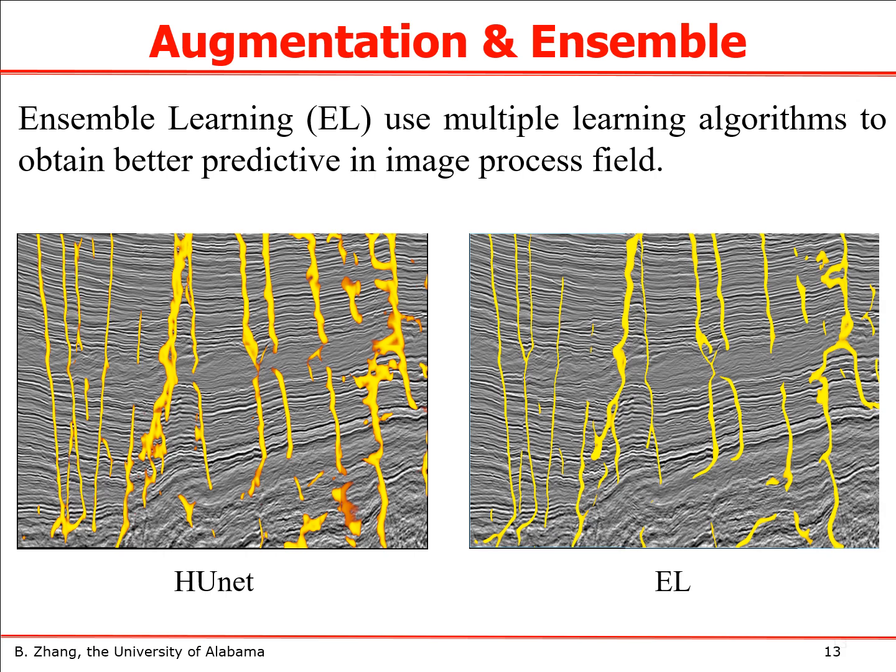It is obvious that the spatial continuity is improved, and at the same time, the resolution is improved due to the data augmentation and the ensemble learning. However, we still have some artifacts. For example, here and here.